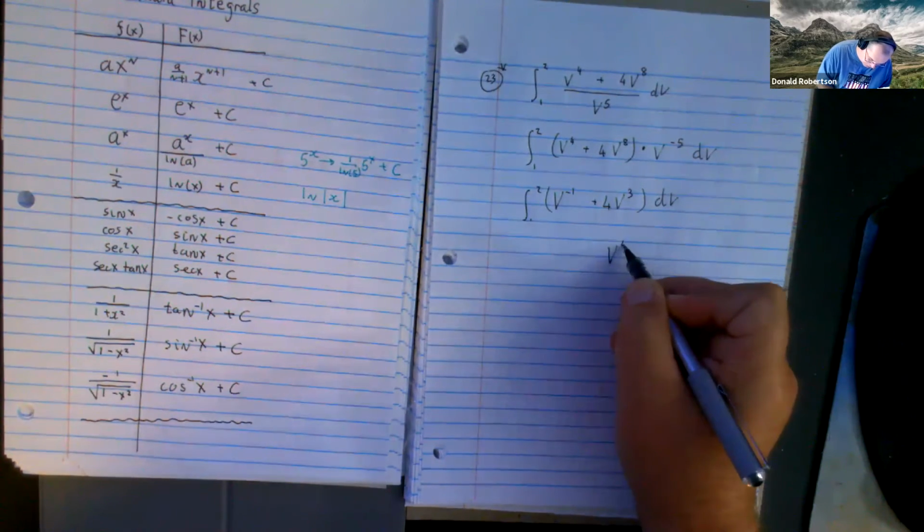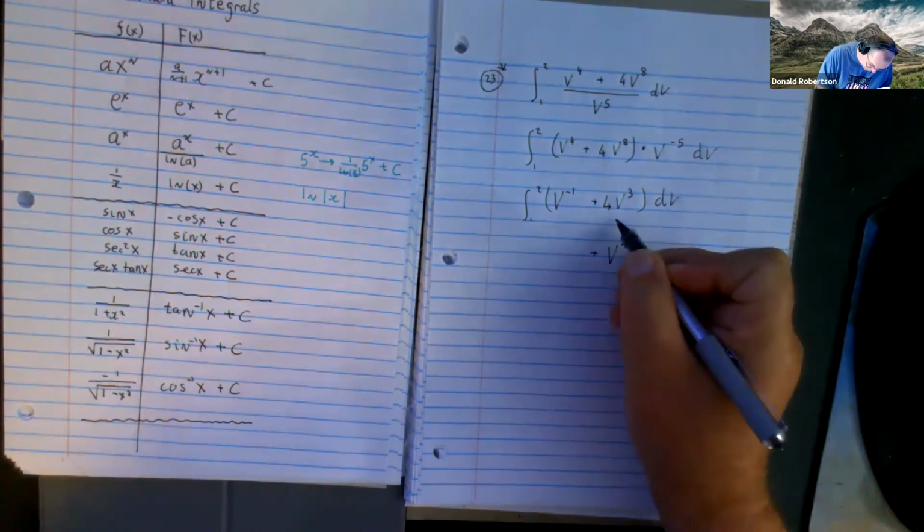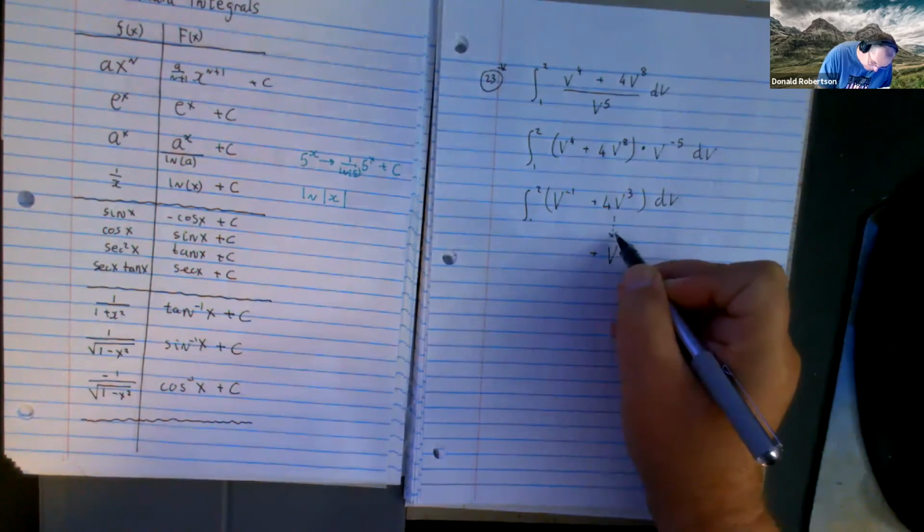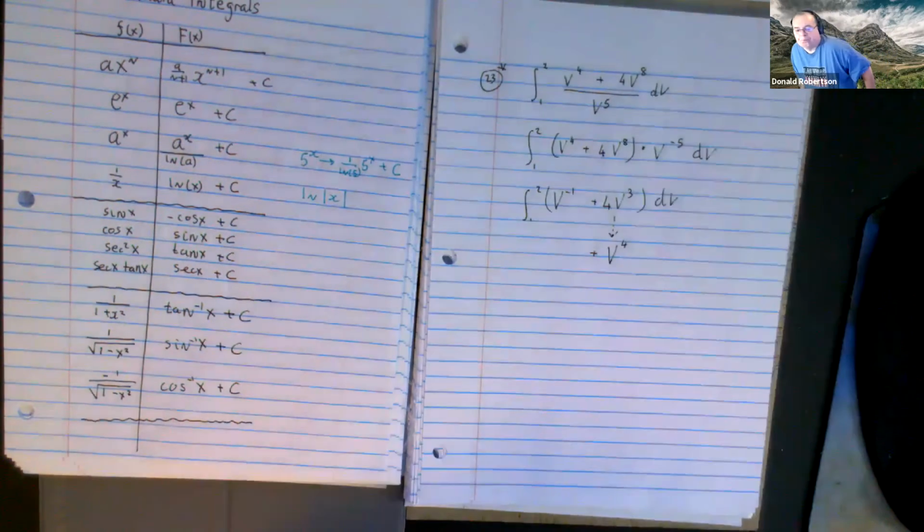Add 1 to the power, divide by the new power. So I'm happy about that one. I'm not happy about this one right now. If you try and use the power rule on v to the negative 1, you add 1 to the power, which gets you 0. But dividing by 0 is bad news. So obviously that is not a power rule question.